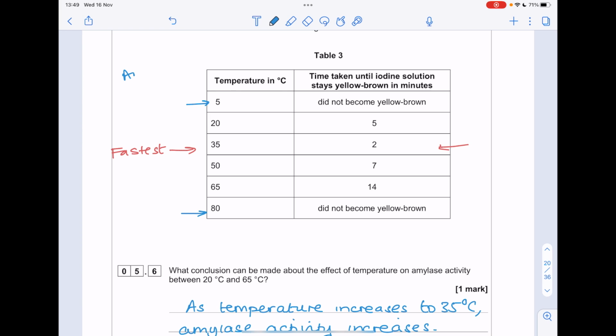Because the amylase is too cold, meaning it has low kinetic energy, and therefore it's not likely to be catalyzing the reaction. It's not breaking down the starch. But up here we have a different reason. Although again it's working extremely slowly, why is that? Because remember, at high temperatures, the amylase enzyme is denatured, and we're going to say exactly what that means.